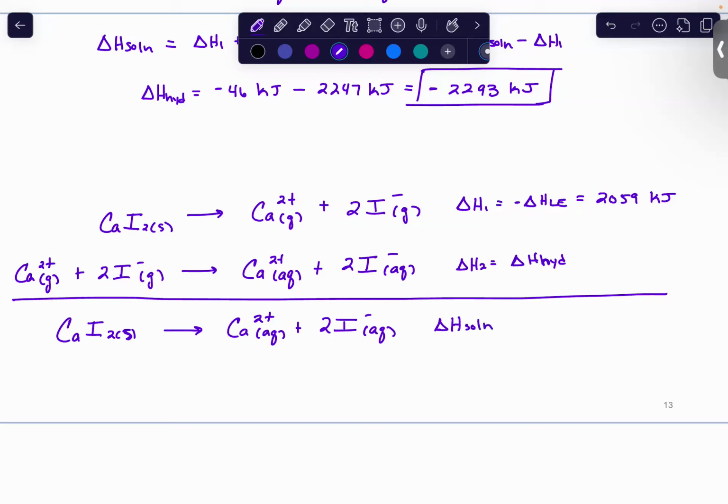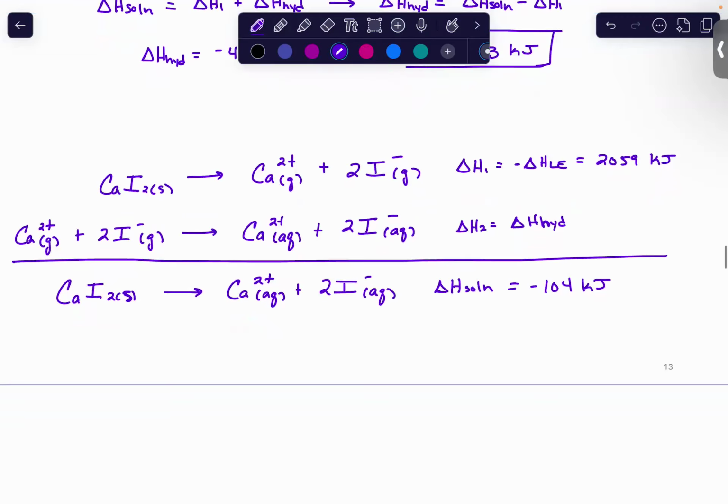And so our delta H of solution will be negative 104 kilojoules. And once again, we can solve for the enthalpy of hydration.